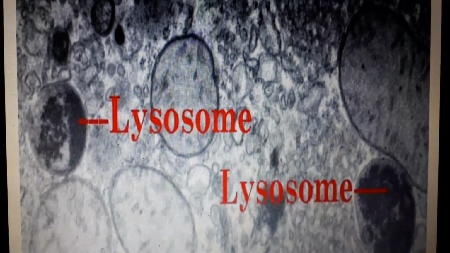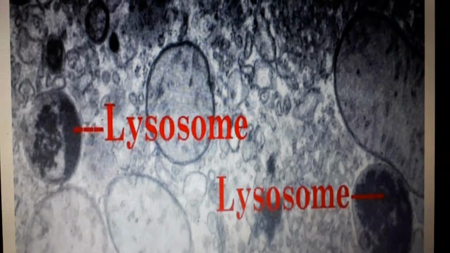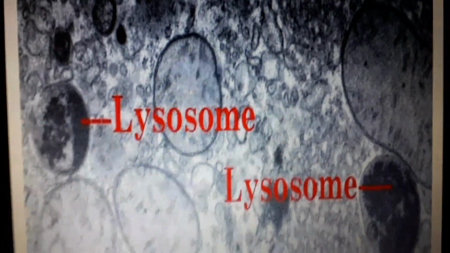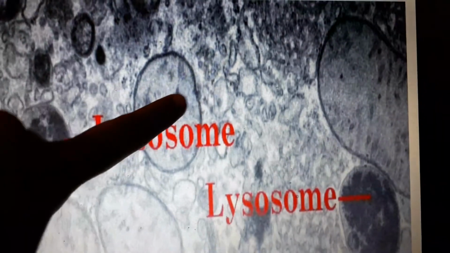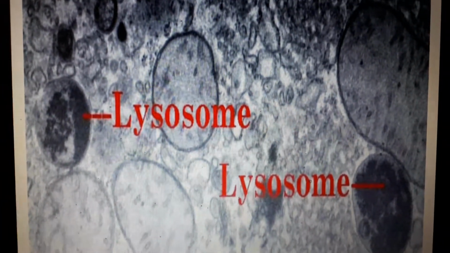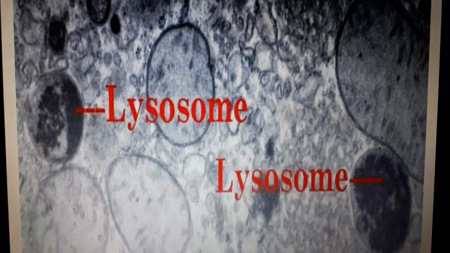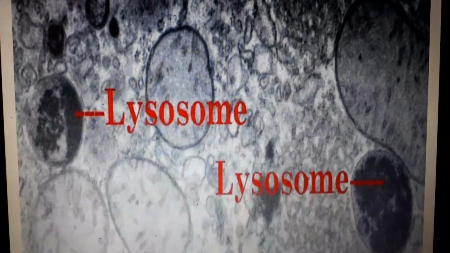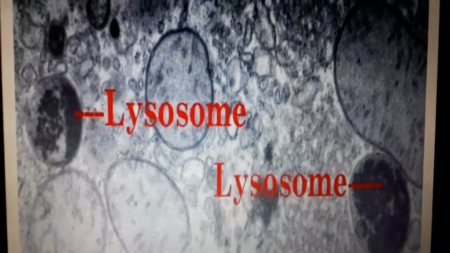So within a cell, if something has to be destroyed, all those materials will be sent to the lysosome. If the cell wants to destroy some proteins or some virus or bacteria, it will send that to the lysosome.